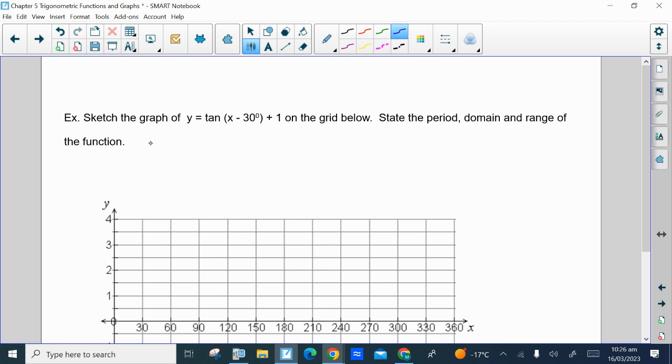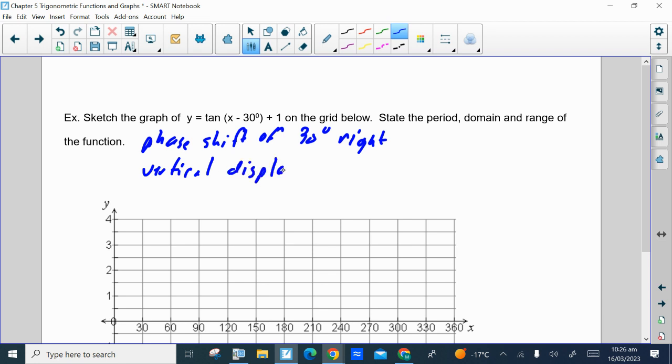So in this case here, we're going to have a phase shift of 30 degrees to the right. And we're going to have a vertical displacement of 1 unit up.